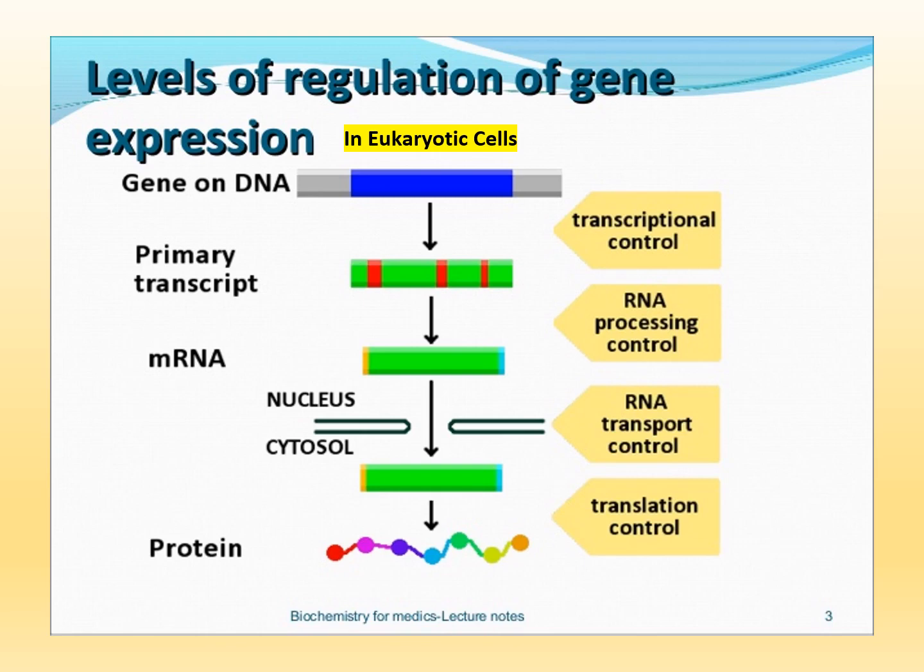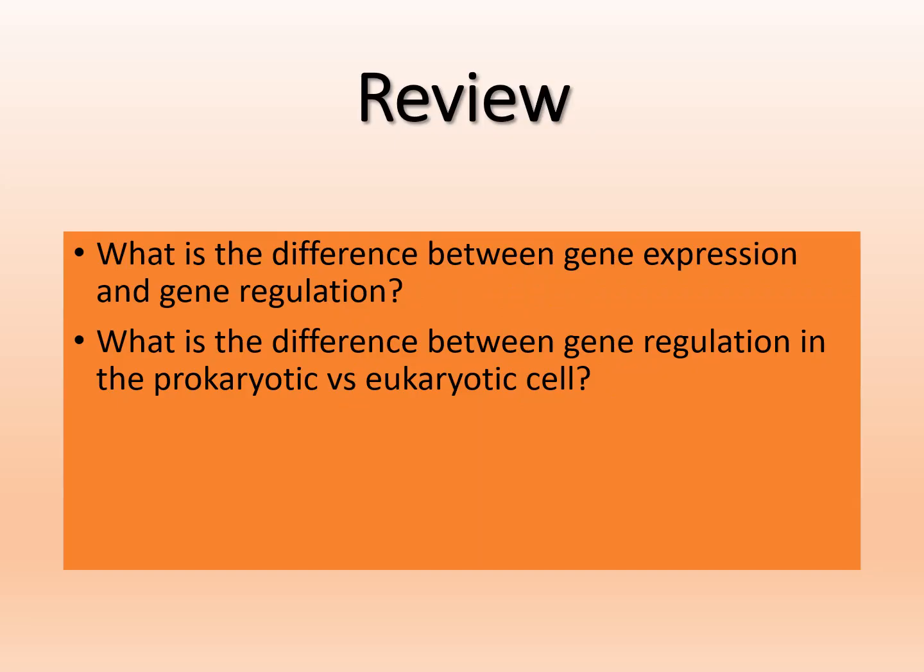So lots of different steps and levels of control, and hopefully it's going to help us find mistakes and not let mistakes go through. But of course, it's not a perfect system, so we do get malfunctions, which can be very detrimental to the body and to the cells.